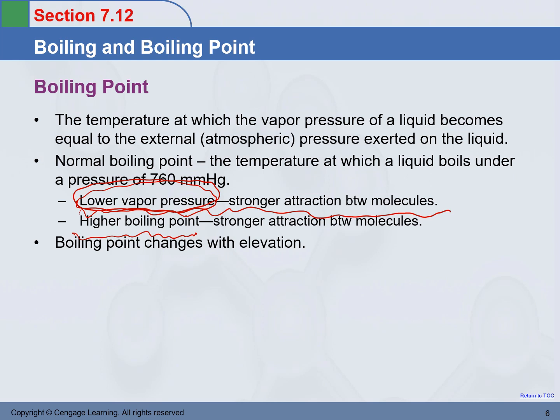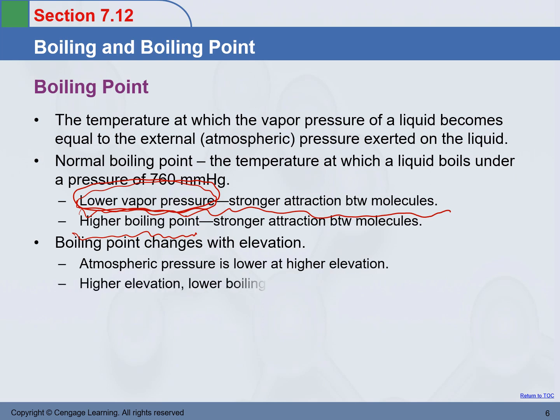Boiling point also changes with elevation. Atmospheric pressure is lower at a higher elevation. So when the external pressure is lower, you do not need that high a temperature to make the vapor pressure equal the external pressure. So as a result, higher elevation, lower boiling point.